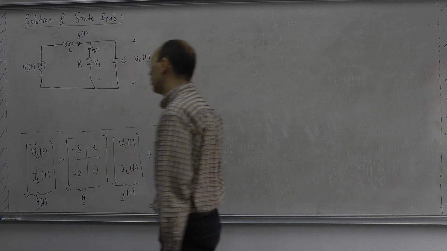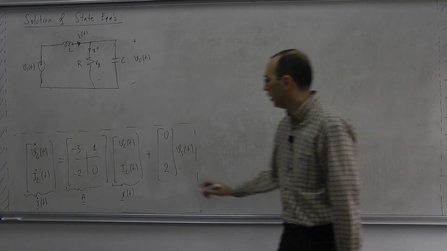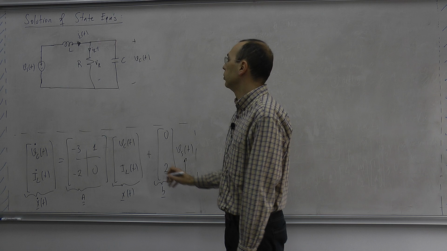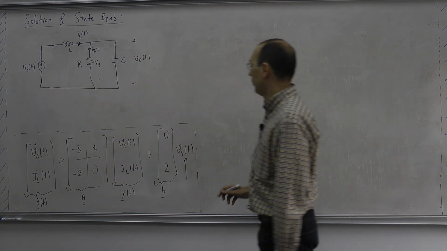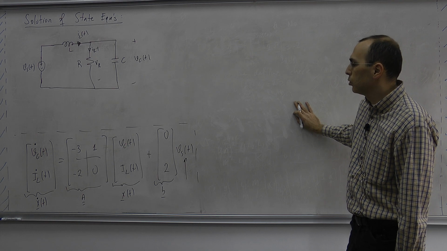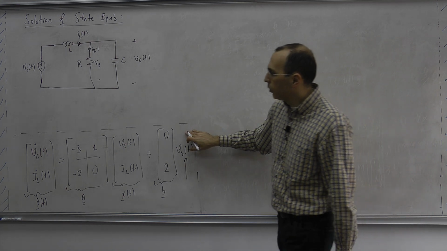Rate of change of this state vector. This is my B vector. And clearly this is my only input. There is only one input. So it appears on the right hand side of this differential equation as expected. So what do I see? I see the following.